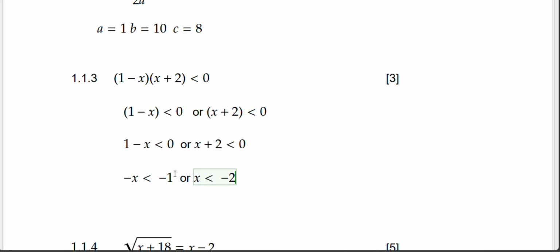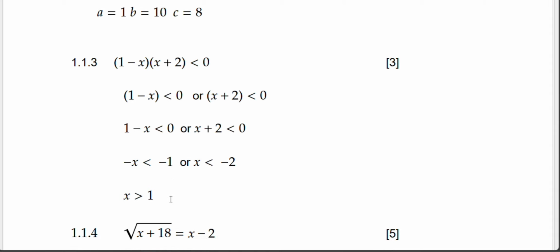So okay, here you need to divide this one by negative 1. So okay, the final answer is going to be x is greater than 1. The reason why the sign is changing is because we are dividing by a negative, so it has to change. Okay, so we are not done.